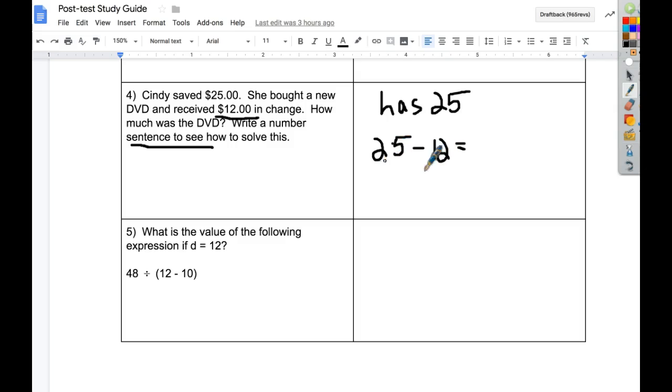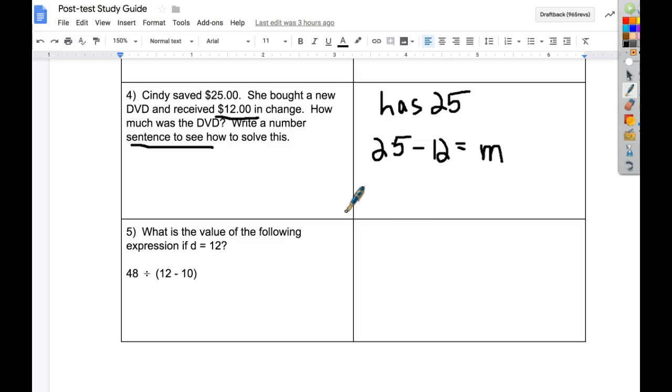If I subtract 12 from the 25, that's going to give me the cost of the DVD. I'm putting M for money. You could put D for DVD or whatever you want for your variable, okay? But this is how much she had, this is how much she got back. The difference of those two is going to be how much she spent.